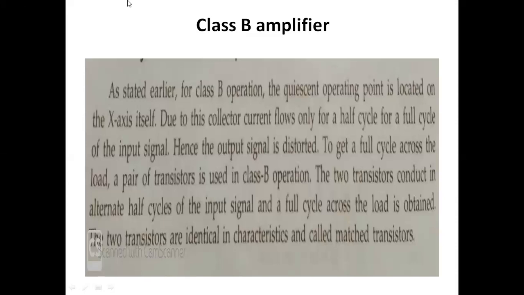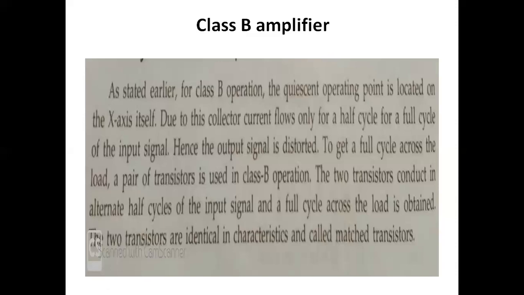So in Class B power amplifier, the transistor conducts for only one half cycle of the input signal. Why do we get this half cycle at the output? Because for the Class B power amplifier, the transistor is designed in such a way that the operating point is located on the x-axis.